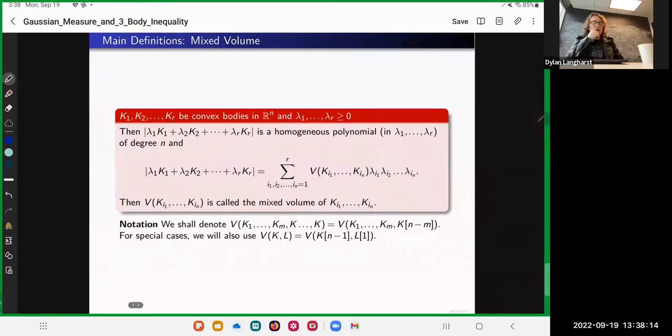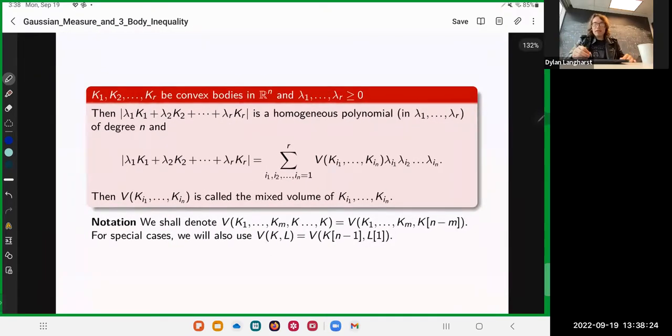Moreover, we're going to be concerned with whenever one convex body appears n minus 1 times, and another convex body appears once. For this special case, I'll just use V(K, L). Now I want to emphasize that with this notation, it's not symmetric in the arguments because K appears n minus 1 times and L only once. If I switch them, now L would appear n minus 1 times. So it's not symmetric in the arguments.